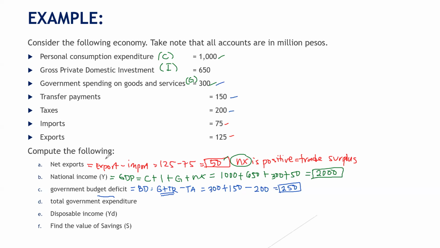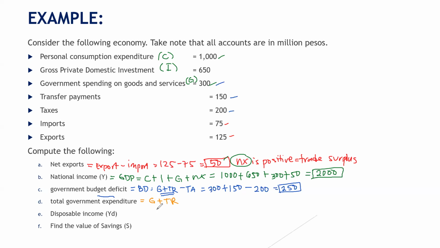So speaking of total government expenditure, here we just simply add government purchases on goods and services and the transfer payment. So transfer payment is included in the total government expenditure because again, the government spends money.